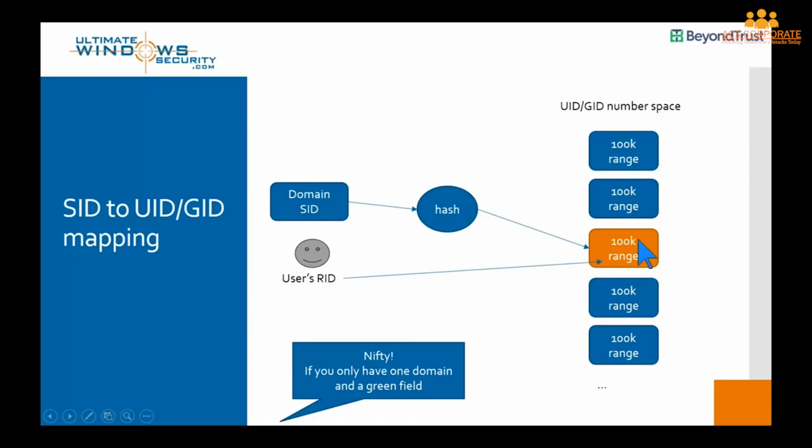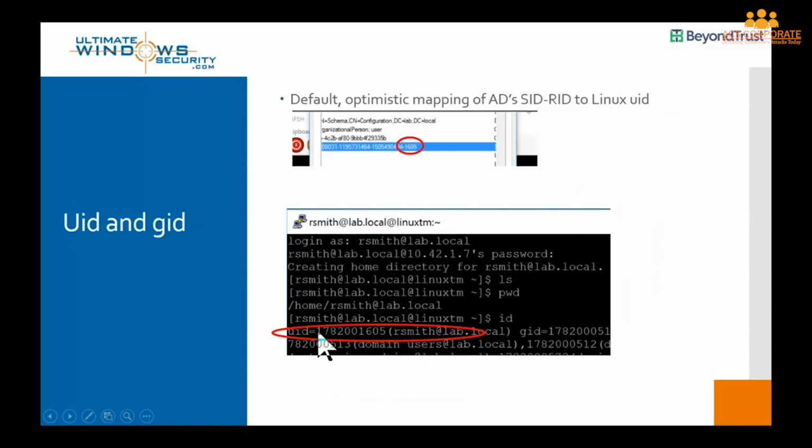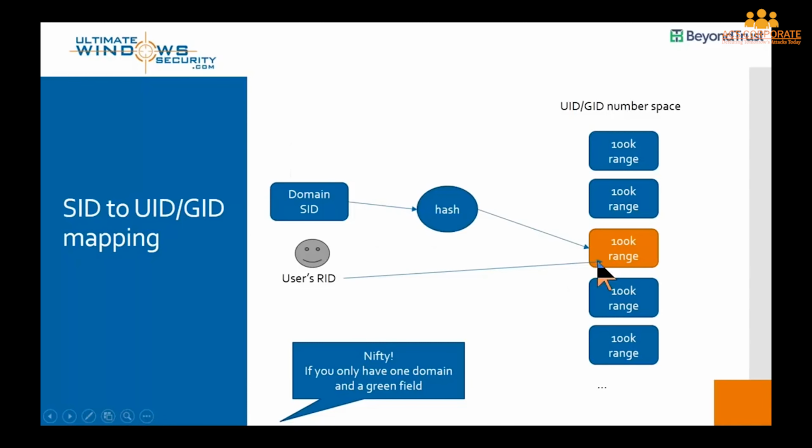In my case, it was something like 1,782,000. That is the particular 100K range that this lab.local domain SID hashed to.